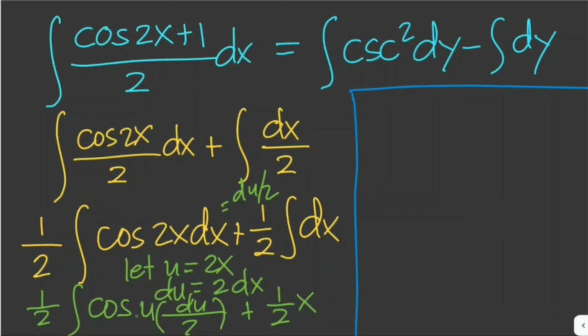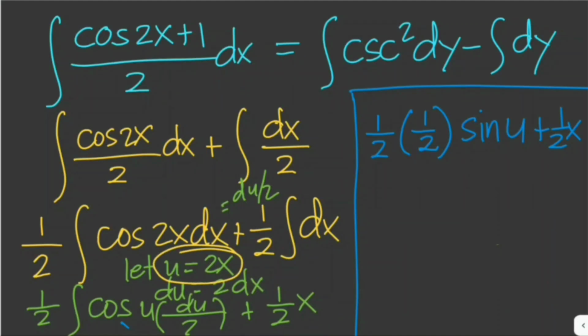And now the integral of cosine is just sine. Cosine u is sine u. So this would become 1/2 sine. We have another 1/2 from du over 2, so this would become 1/2 times 1/2 integral of cosine u, which is sine u, plus 1/2 x. Now we can substitute back the value of u, which is 2x.